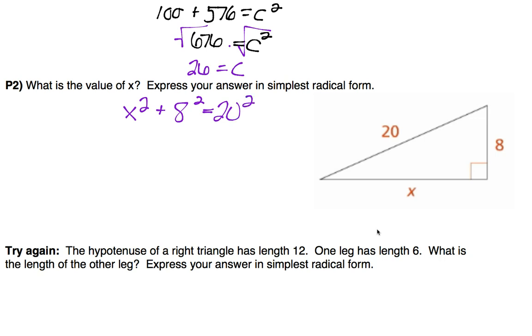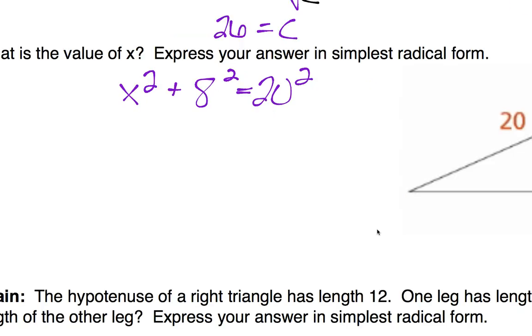Now I know in middle school you might have been taught or been kind of shown two versions of the Pythagorean theorem based on what is missing. I always just write it out as a squared plus b squared equals c squared, and then I just solve from there. So that's x squared plus 64 equals 400.